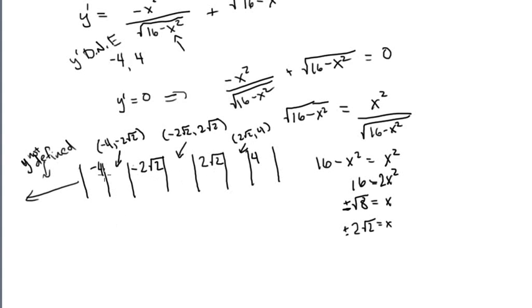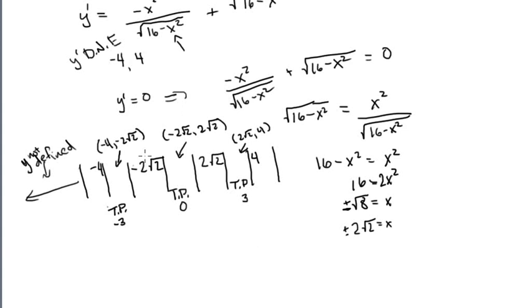So, what is 2 square root 2 approximately? It is roughly 2.8. So I could choose a test point of negative 3. For this interval, I can use a test point of 0. For this interval, I can use a test point of 3.